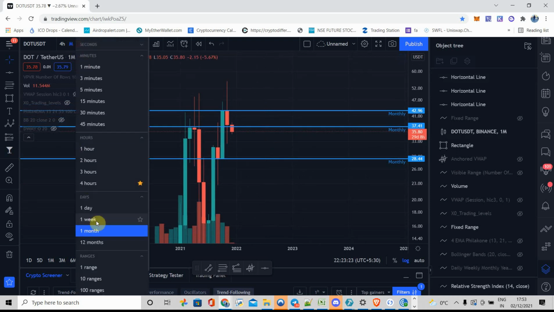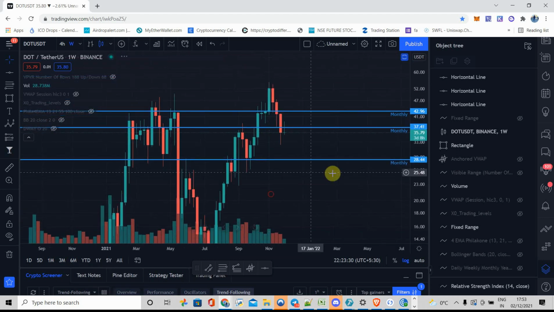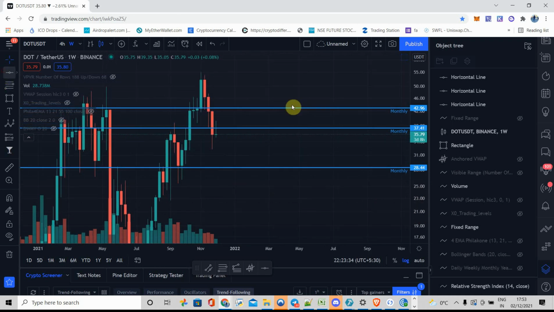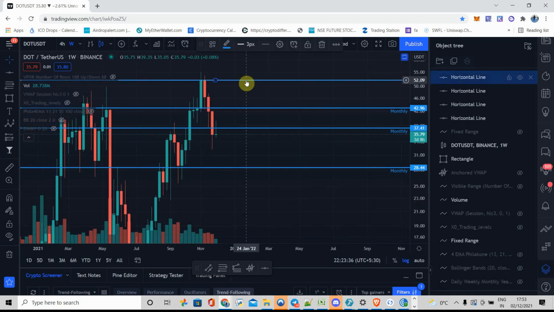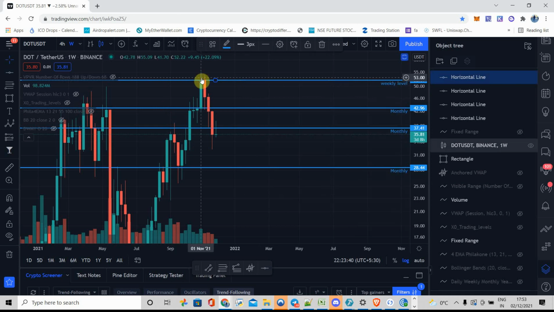Let me draw horizontal support and resistance from the weekly perspective to get a more detailed idea about what is going on. This is one of the weekly levels from where price got a reaction and we went from $53 all the way to $33. This is one of the weekly levels which I will not mark because it's in confluence with the monthly level.